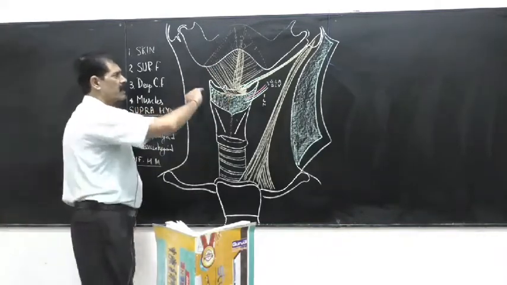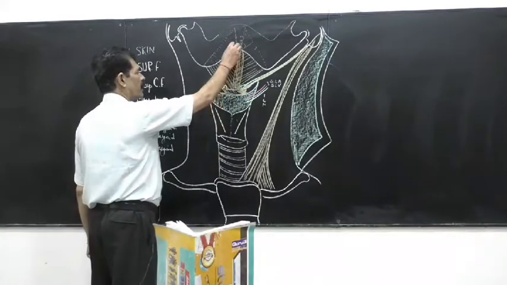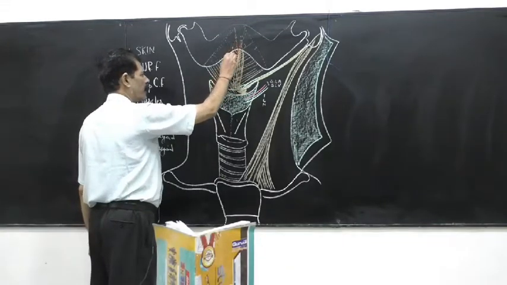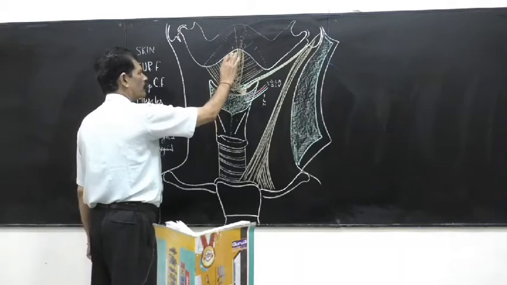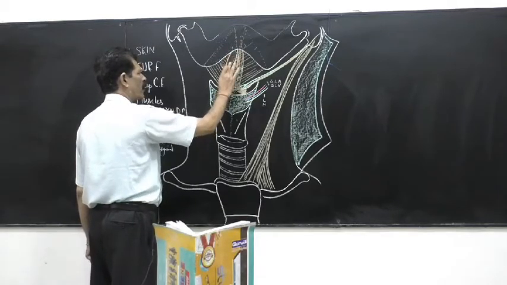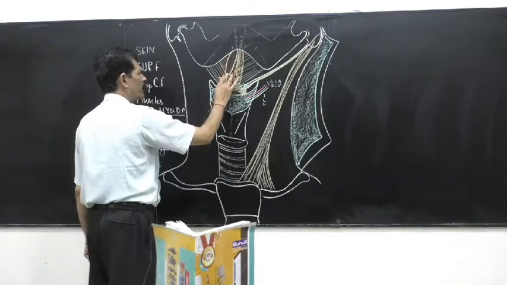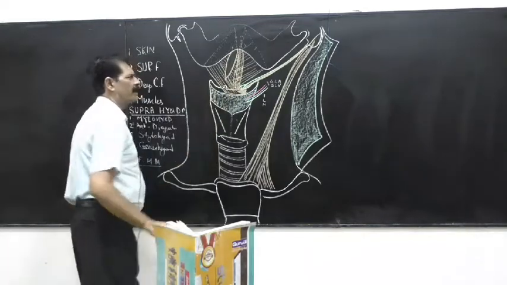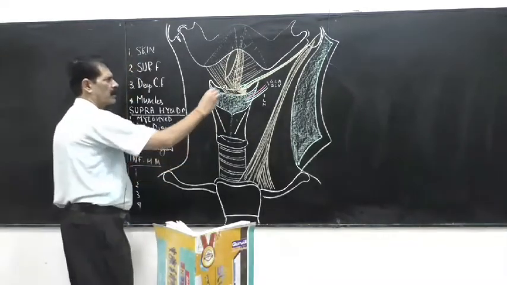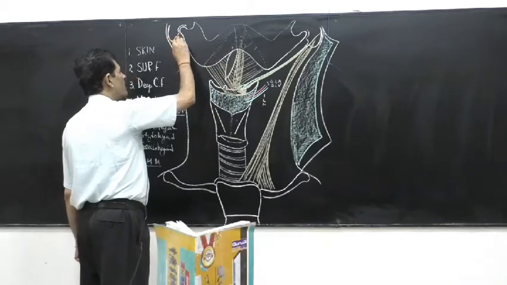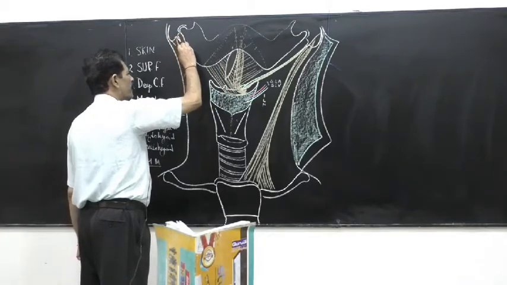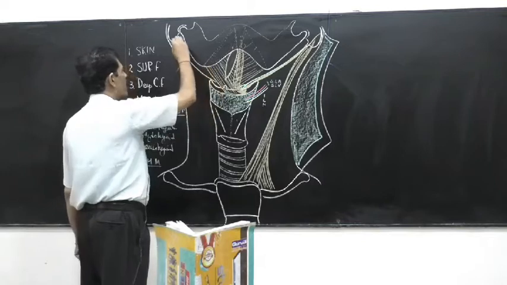Then on this lies the digastric muscle, the anterior belly of digastric, on the surface of mylohyoid. So digastric is superficial, mylohyoid is the deep muscle. The posterior belly of digastric takes origin from the medial surface of the mastoid process.